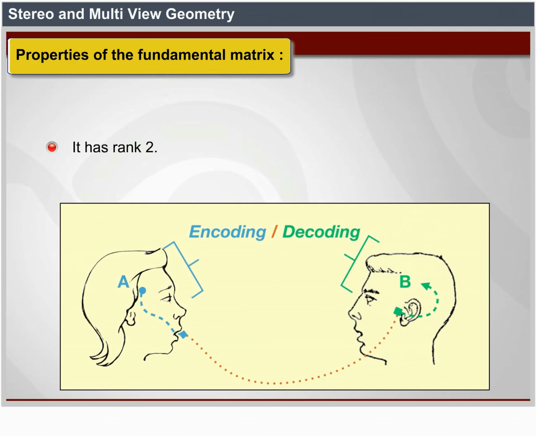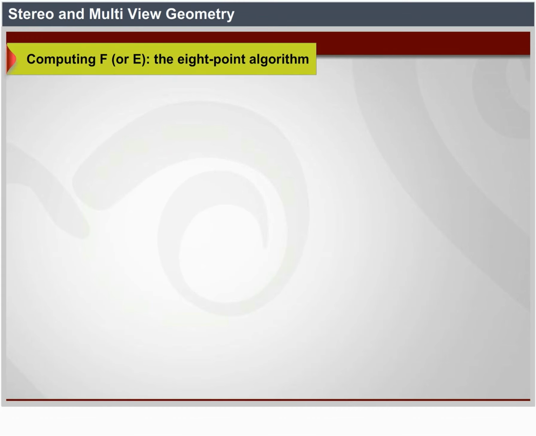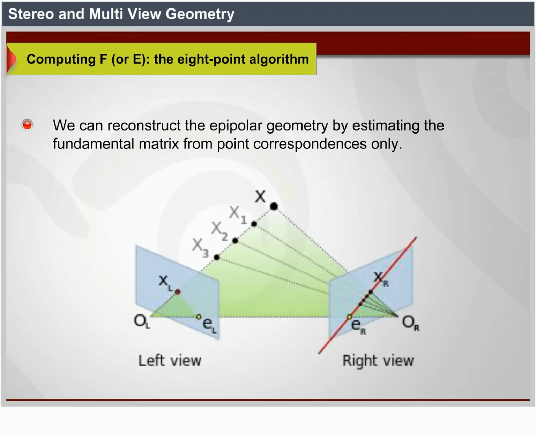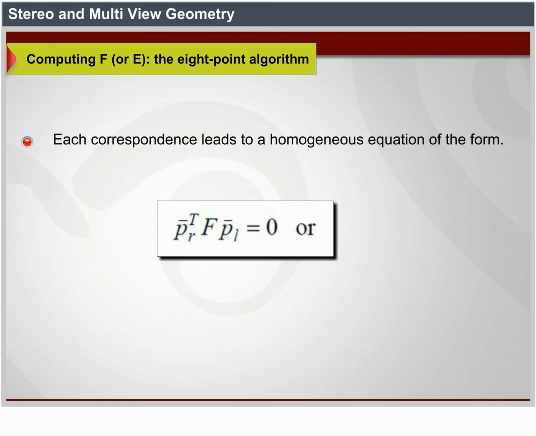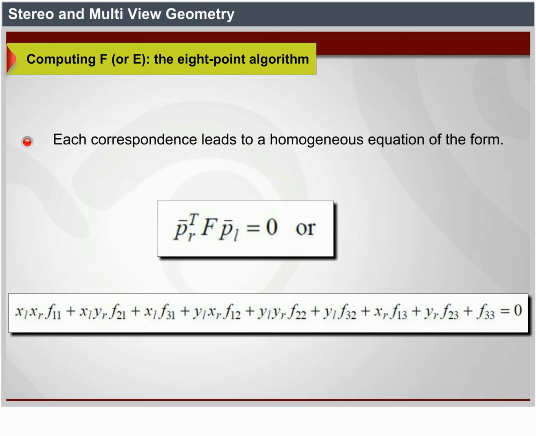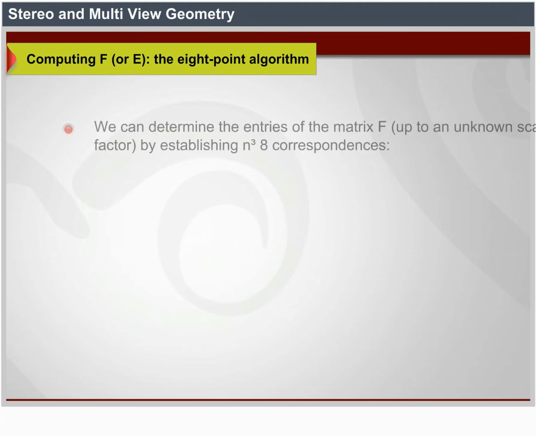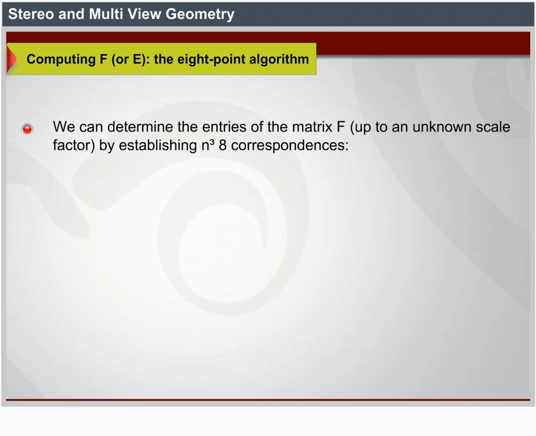Computing F or E: the 8-point algorithm. We can reconstruct the epipolar geometry by estimating the fundamental matrix from point correspondences only. Each correspondence leads to a homogeneous equation of the form shown on the screen. We can determine the entries of the matrix F up to an unknown scale factor by establishing n greater than or equal to 8 correspondences.